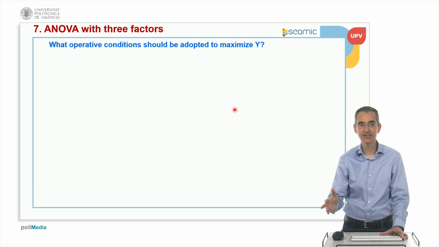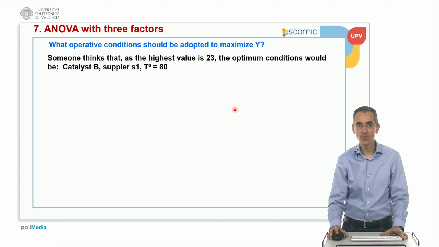So the goal of this experiment is to determine the optimum operative conditions that should be adopted to maximize the final quality. Okay. Well, so one option is to choose the highest value in our experiment. So we have obtained that the value 23 was the highest, and it was obtained with catalyst B, supplier 1, and temperature 80.